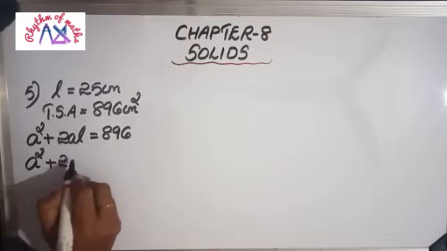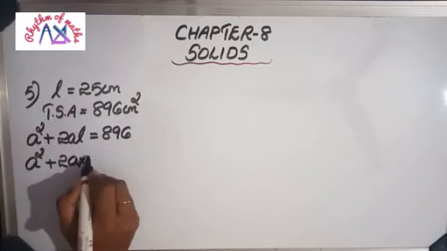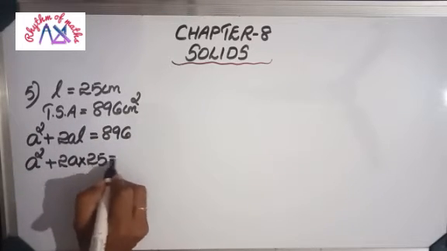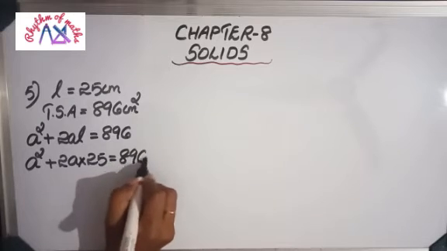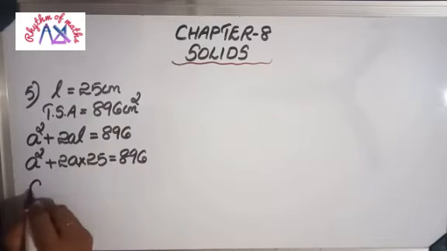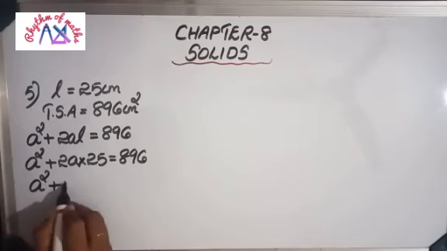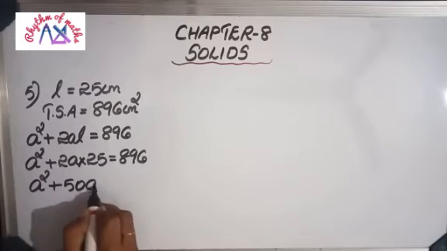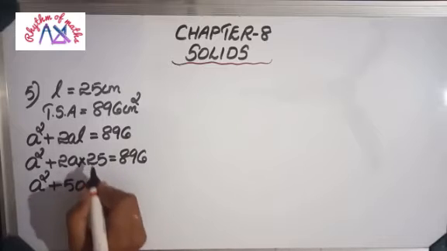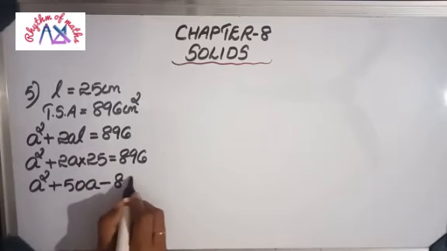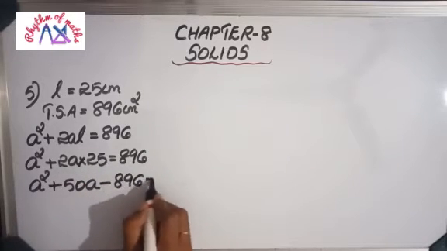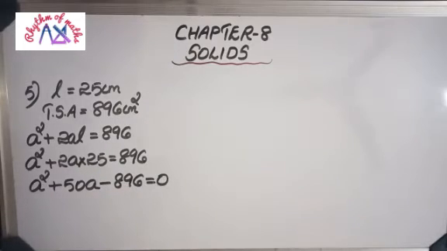That is A square plus 2A into 25 equal to 896. Again let's simplify. That is A square plus 25 into 2 is 50, so 50A. Take this 896 to this side: A square plus 50A minus 896 equal to 0.